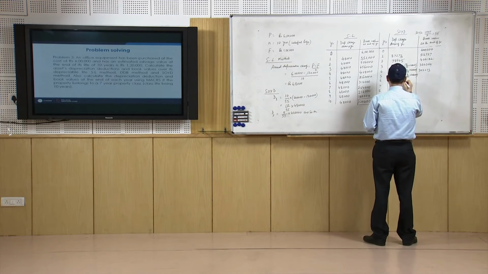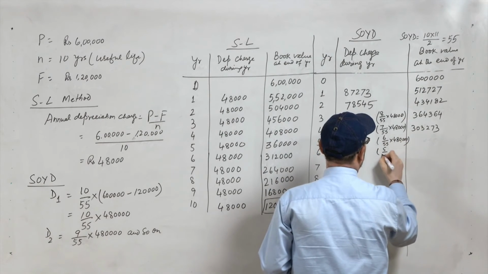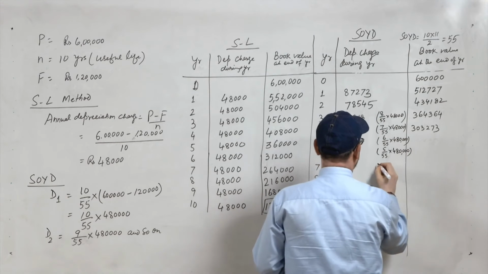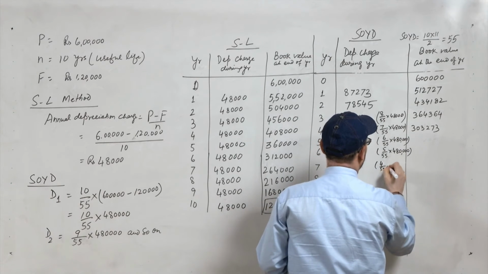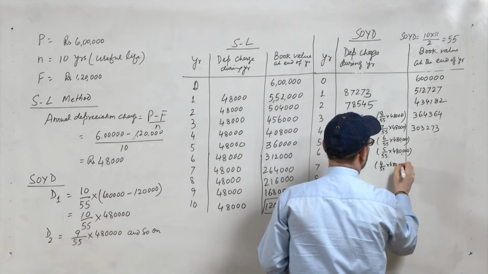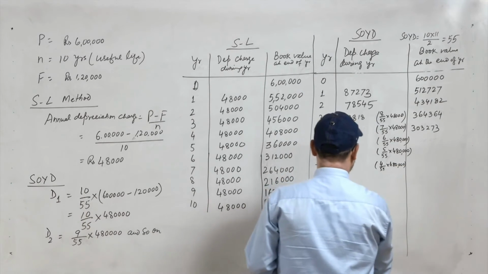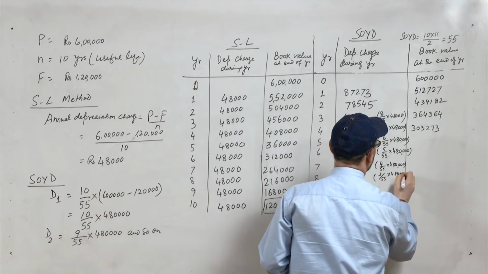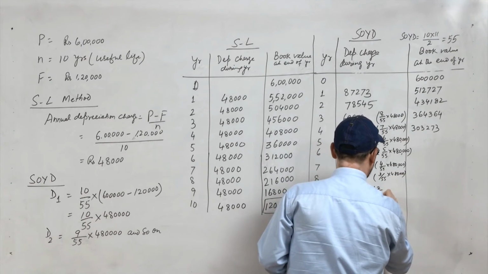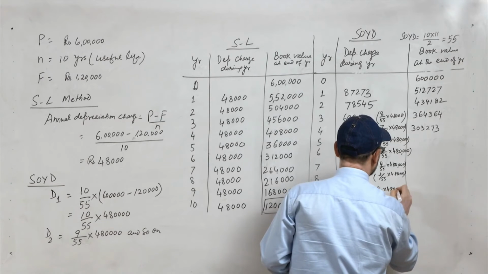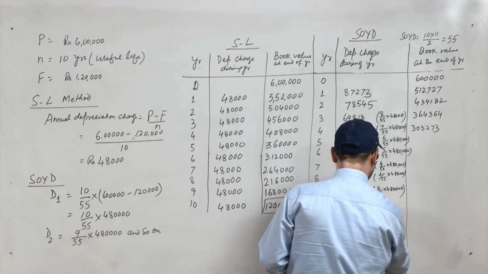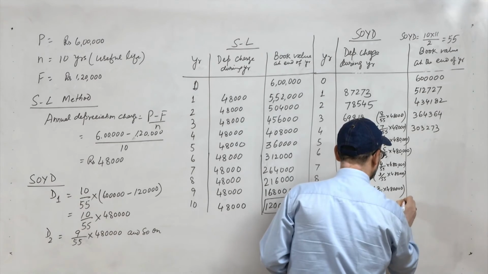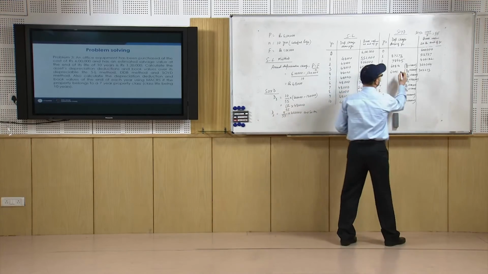In the similar way it will be 5 by 55 into 4,80,000, then 4 by 55, 3 by 55, 2 by 55 into 4,80,000, and last in the 10th year 1 by 55 into 4,80,000.